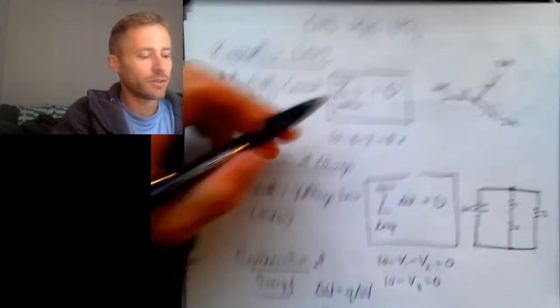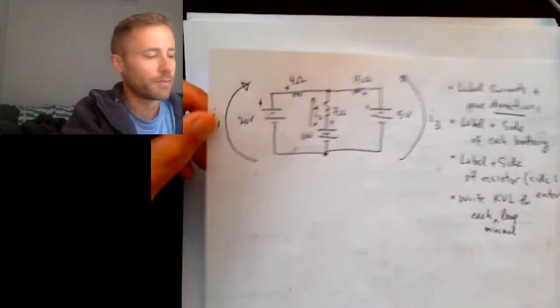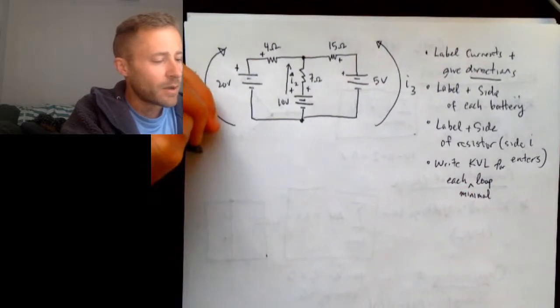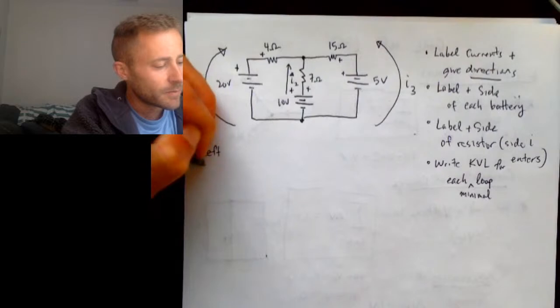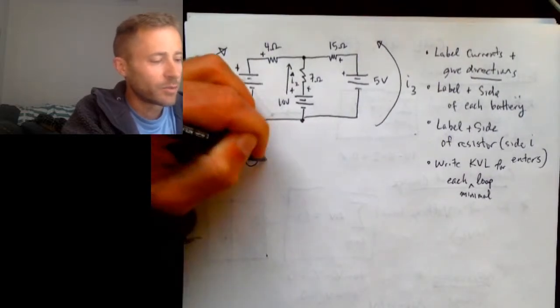So Kirchhoff's voltage law says the sum of the voltage changes around the loop equals 0. So your Kirchhoff's voltage law is going to be, for the left loop, 0 equals something.